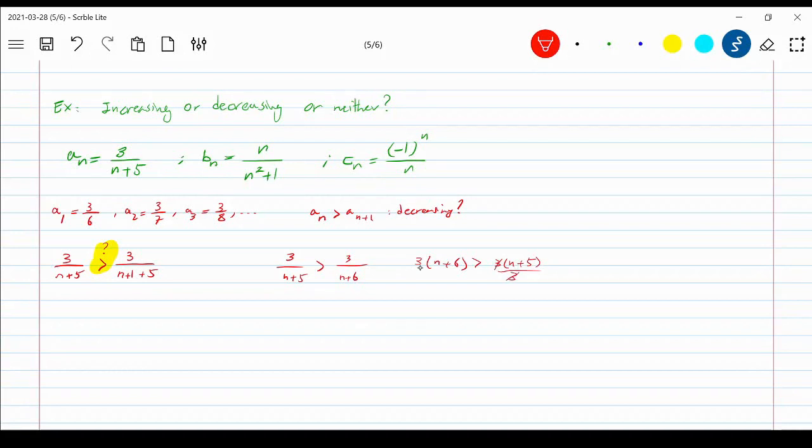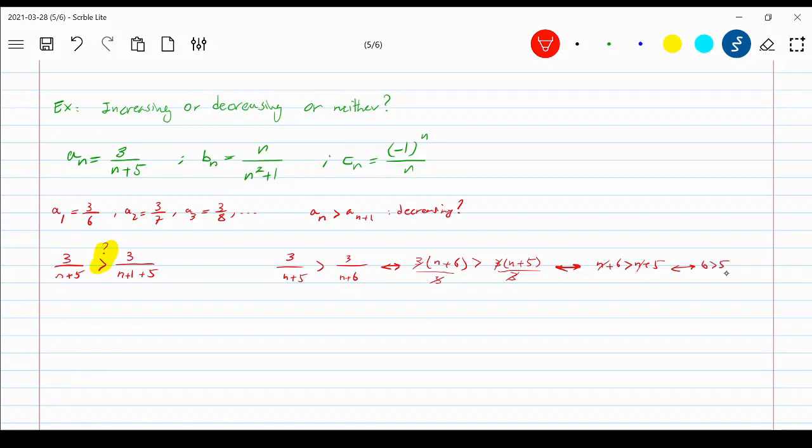These two will cancel out. This implies n plus 6 is greater than n plus 5, and you can subtract the n from both sides. You'll end up with a true statement, 6 is greater than 5.